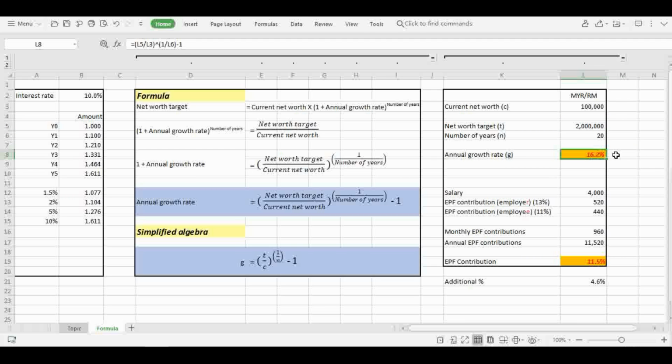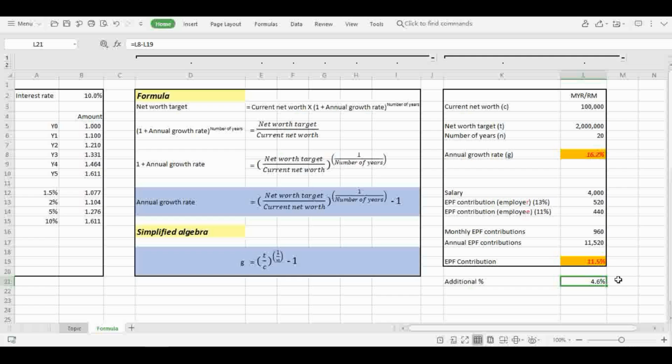This would mean you will need to achieve a 16.2% annual growth rate, and this is 4.6% on top of your EPF contribution impact. So basically you have to find an additional avenue to gain this 4.6%.